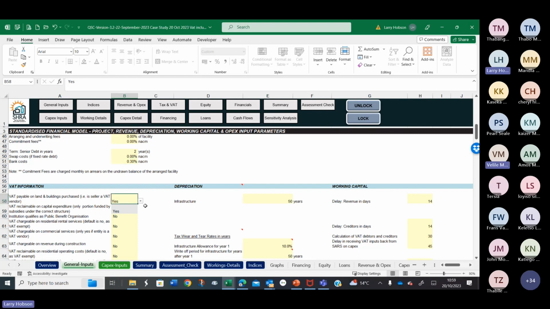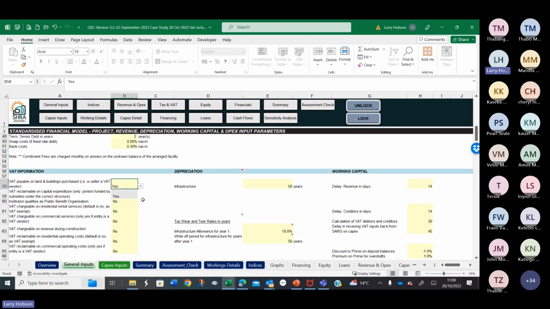Okay, so then we've got that. Then we come to the VAT question. I don't know if any of you have received the version issued in September. That raised a number of questions, mainly around the VAT, and I know that the SHRA is busy working on that.